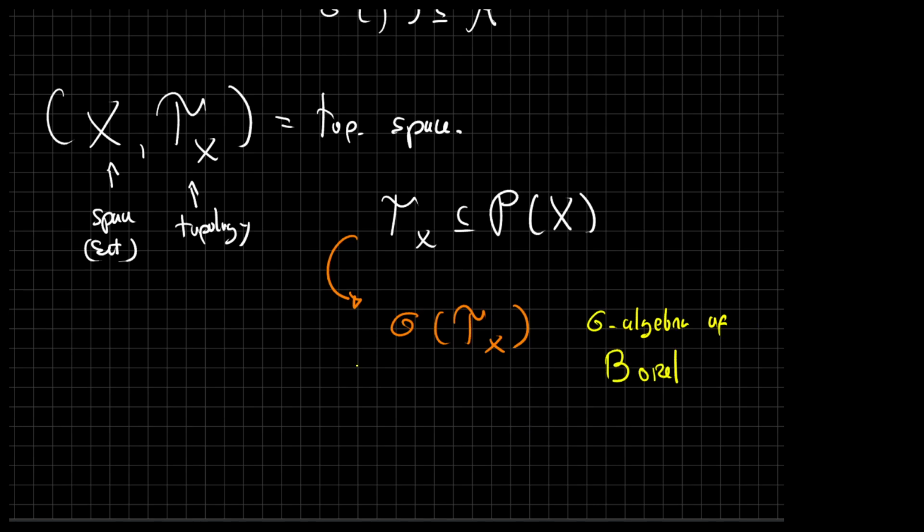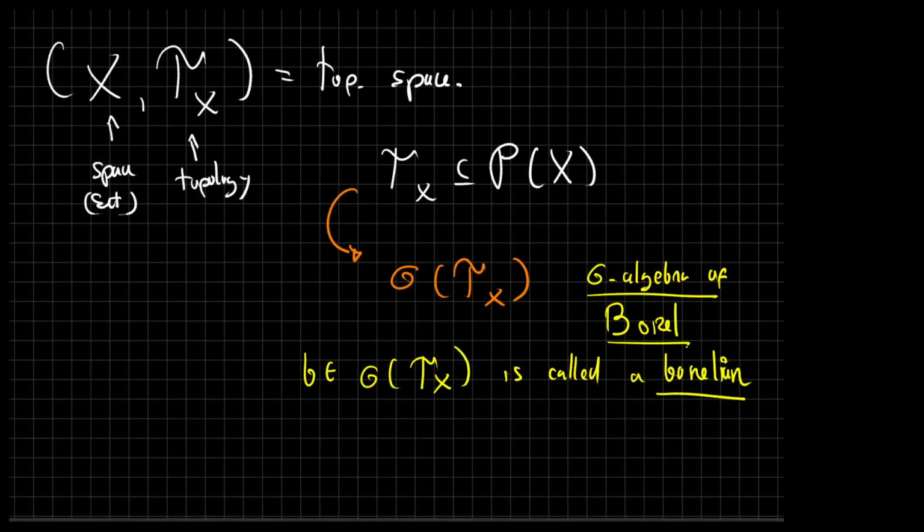And each element here is called a Borelian. This is a sigma algebra of Borel, and every element of this is a Borelian.